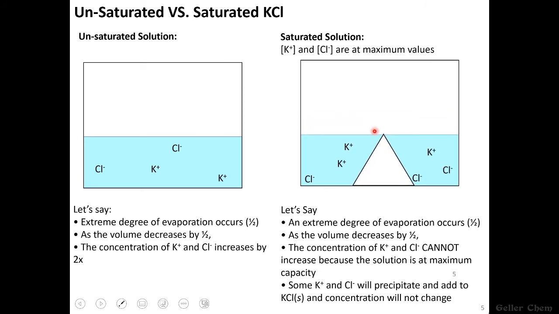So the volume went down, increasing those ion concentrations, but the solution couldn't handle that. And so those K plus and Cl minuses just precipitated into solid, adding to that mound of KCl. And so the point of having that saturated solution in the first place is so that the concentration of ions will not change.